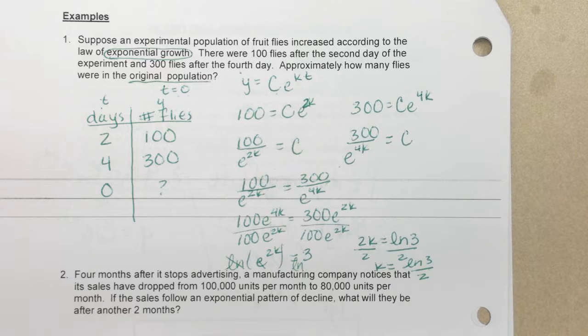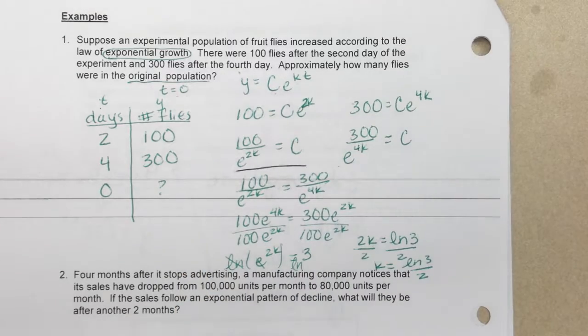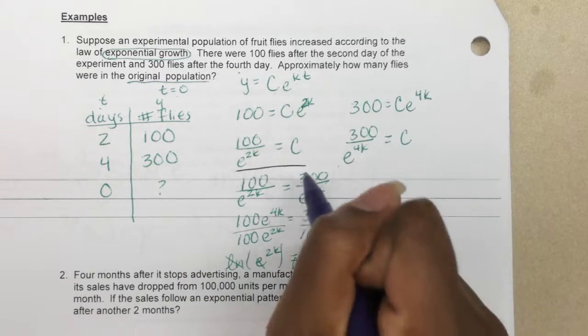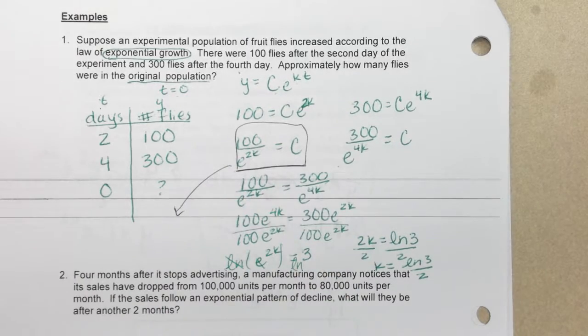So now, using that information, we're going to plug in our k to find our c. We know that c is equal to 100 over e to the 2k. So we're going to plug in our k.